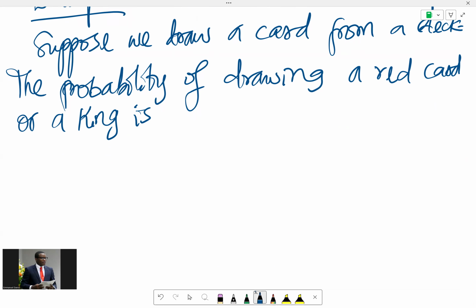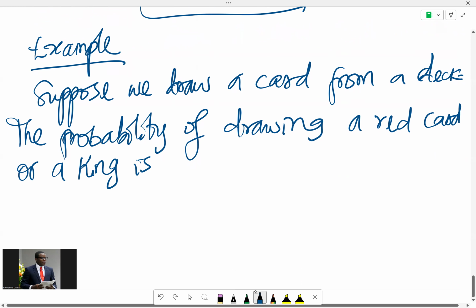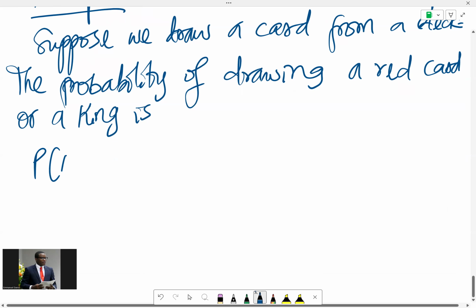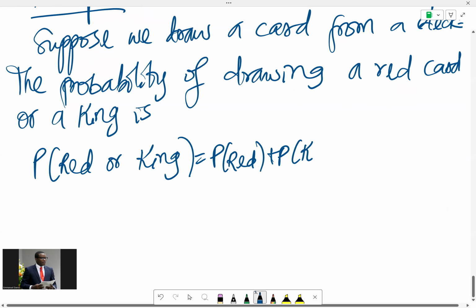So because of the overlaps, we know that the probability red or king is equal to probability red plus probability king minus probability red and king, red intersection king. That means that there are some cards that are red kings, right?